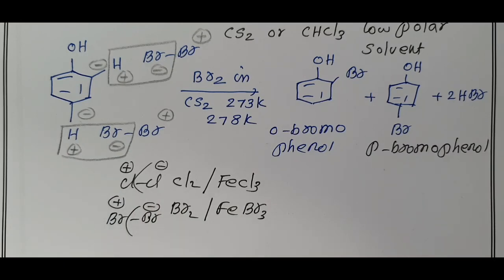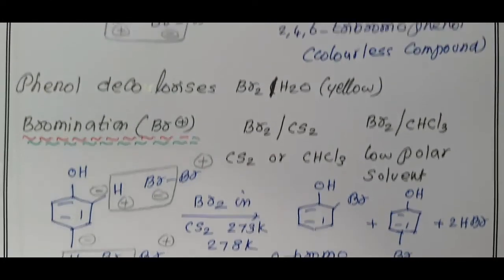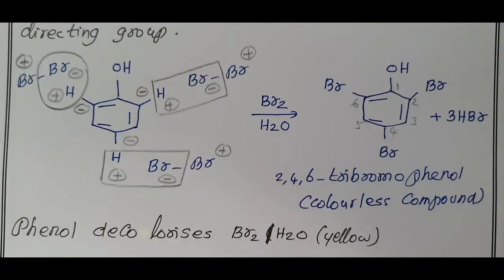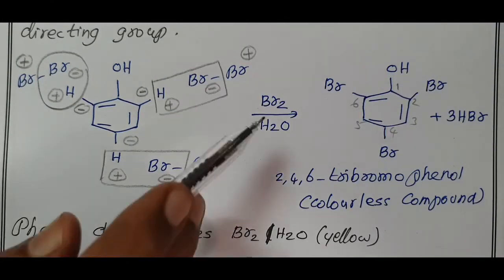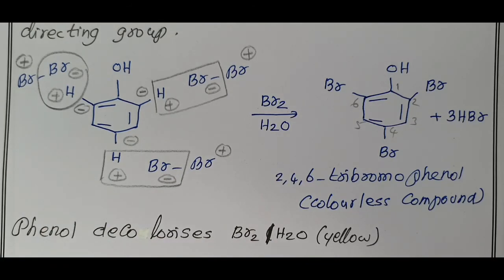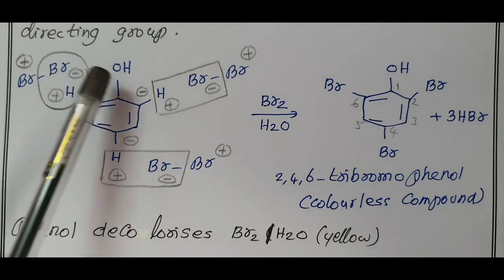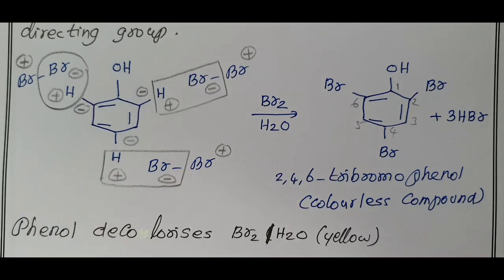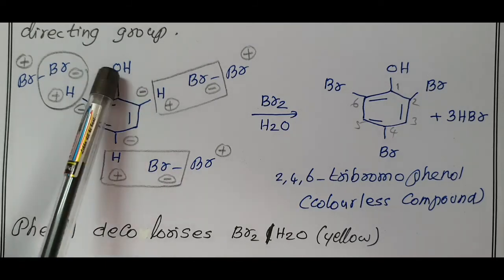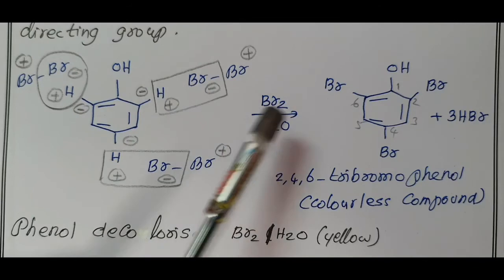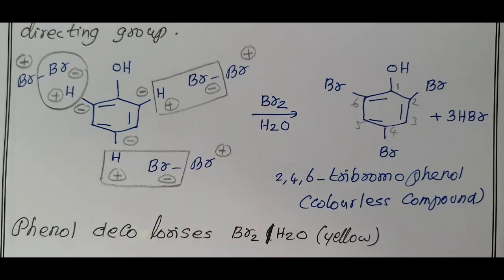But in the case of phenol, no Lewis acid is used. In this bromination, we use Br2 in water, and also Br2 in carbon tetrachloride or carbon disulfide. Why is no Lewis acid used? Because the OH group in phenol is a highly activating group. The OH group polarizes the bromine into Br plus and Br minus.